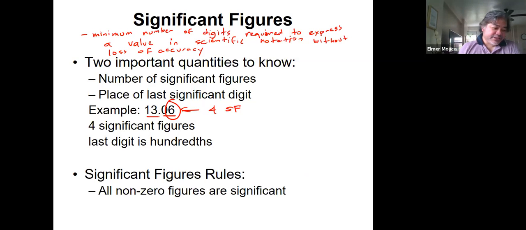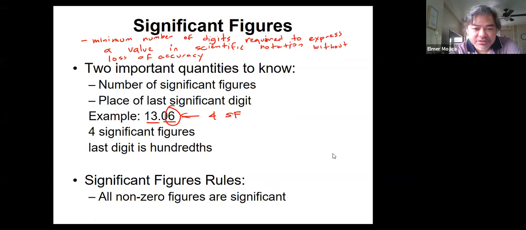The first thing that we need to do is about the zeros. How are zeros significant? So the first rule for the significant figures is all non-zero figures are significant. And later on, I'm going to give you some sort of a worksheet, so you will see. Okay, you can determine how to look at what we call significant figures or not.